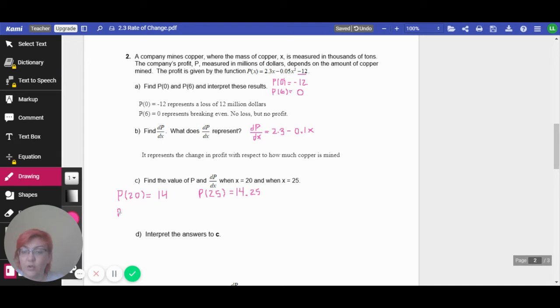I'm going to call it P prime of 20. And for that, I'm going to be plugging 20 in here to the derivative or gradient function. And that is 2.3 minus 0.1 times 20. And my answer is 0.3.